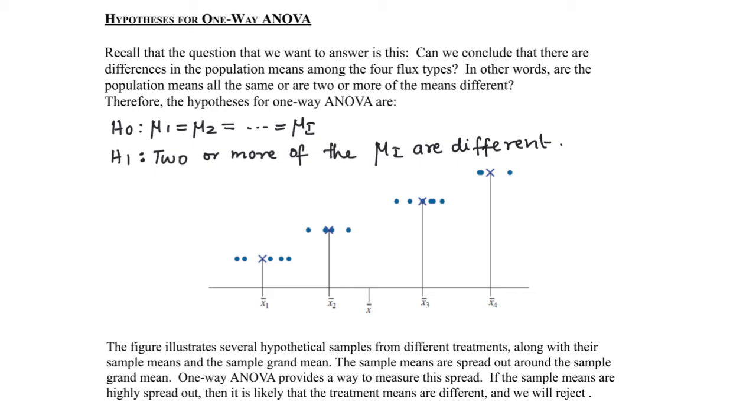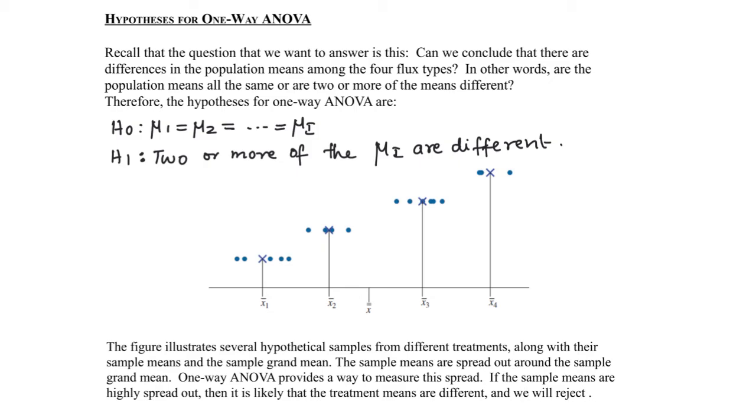This diagram represents several hypothetical samples from different treatments along with their sample means and the sample grand mean. The sample means are spread out around the sample grand mean. One-way ANOVA provides a way to measure the spread.